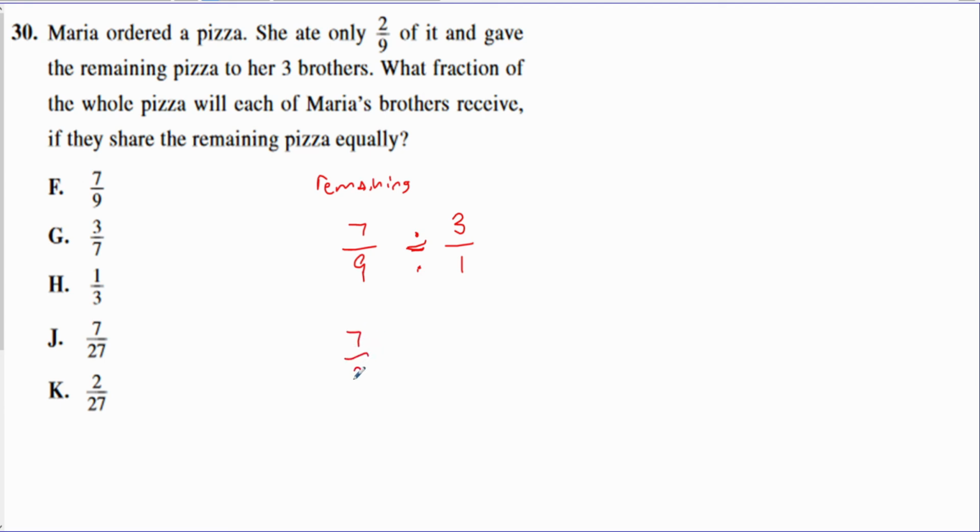So instead I'm going to say 7/9 times, and instead of 3/1, I'm going to say 1/3, and that looks like it's going to be 7 on top when I multiply 7 times 1. 9 times 3 makes 27. It looks like each of them is going to get 7/27 of the whole original pizza.